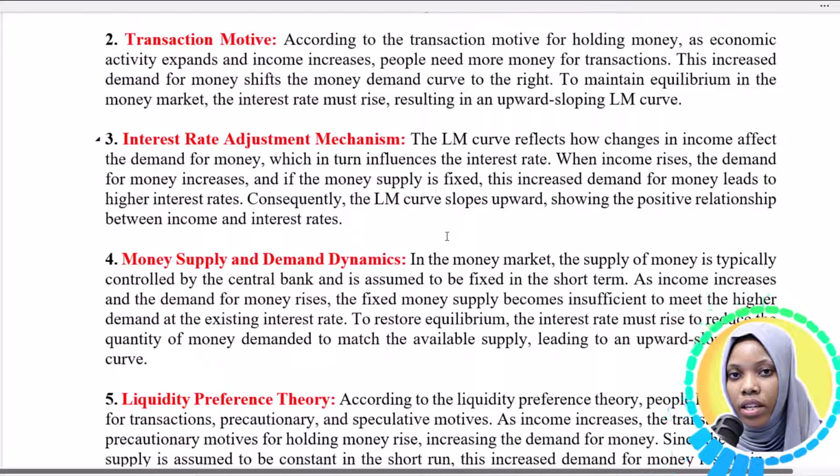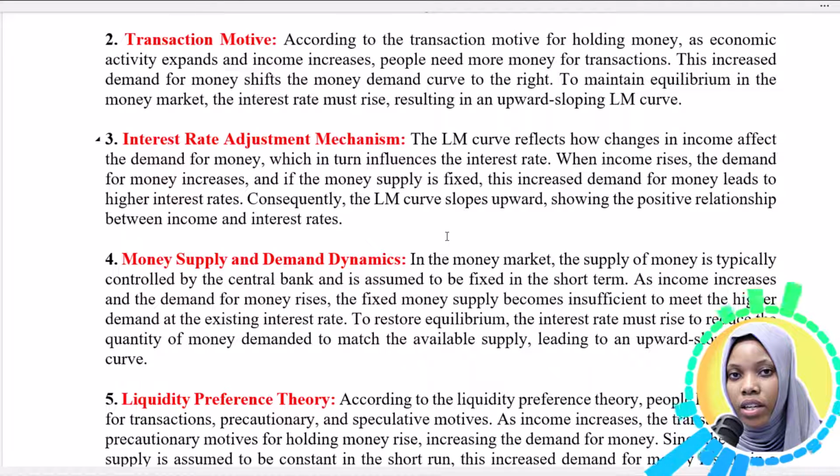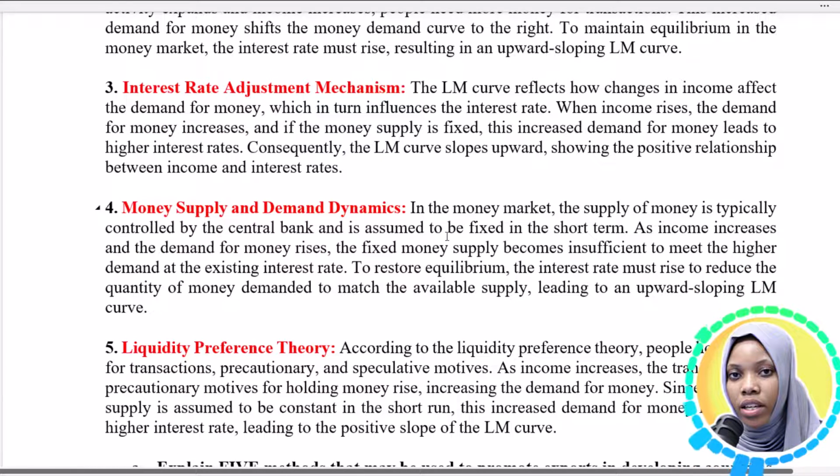According to the transaction motive for holding money, as economic activity expands and income increases, people need more money for transactions. This increased demand for money shifts the money demand curve to the right. To maintain equilibrium in the money market, the interest rate must rise, resulting in an upward LM curve slope.